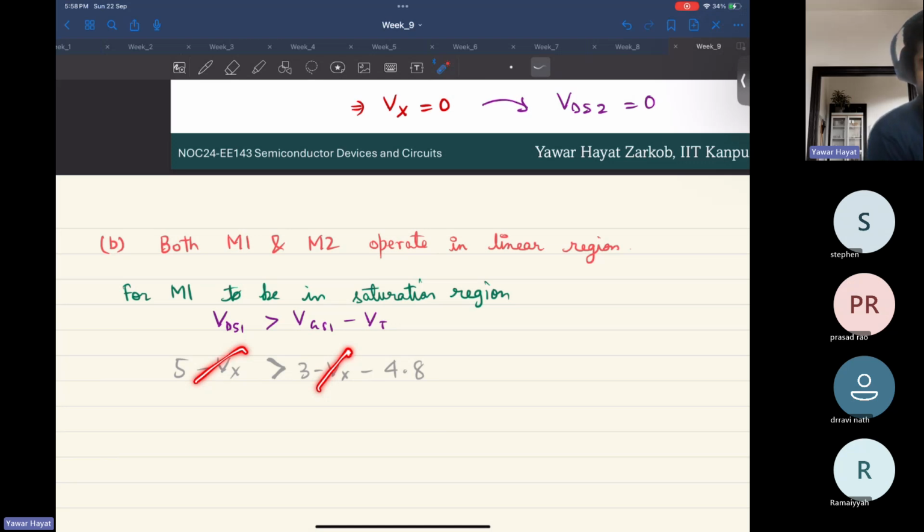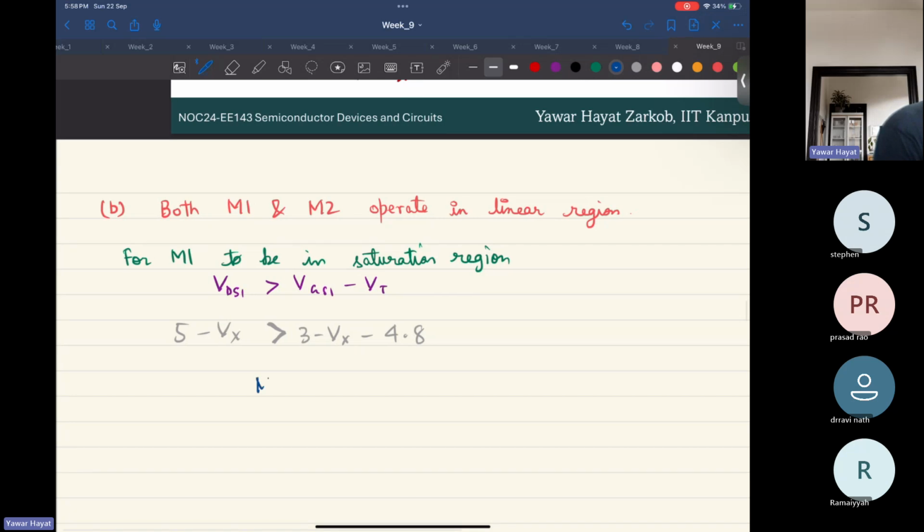Does that make sense? It does, right? 5 will always be greater than 3 minus a quantity that is less than or equal to 5. Does this make sense, or should I explain more? It makes sense, sir. Yeah, it makes sense, right? So I can write that M1 is in saturation.